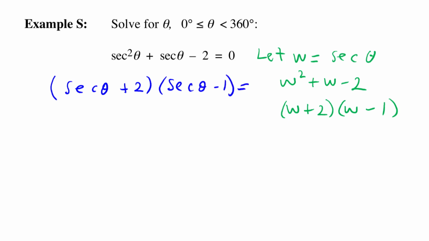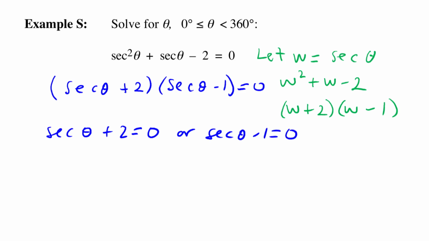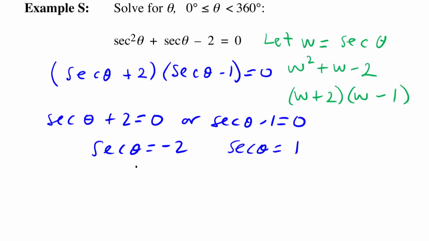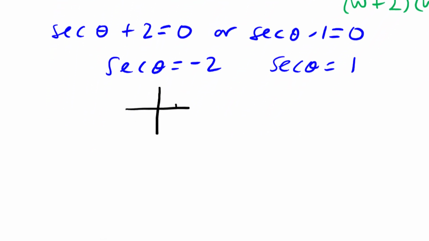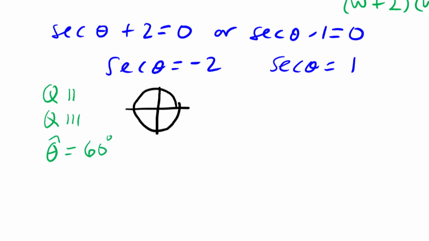And being equal to 0, those are the two factors, and we set each factor separately equal to 0. Secant theta plus 2 equals 0, or secant theta minus 1 equals 0. That gives us secant theta equals negative 2 for the first, and secant theta equals positive 1 for the second. So let's see, secant theta equals negative 2, negative in quadrants 2 and 3, and theta hat is 60 degrees.